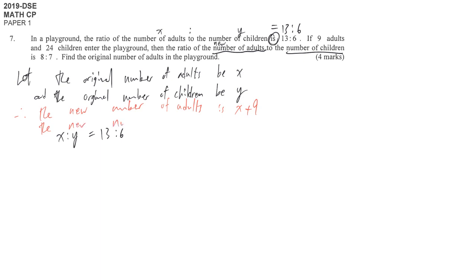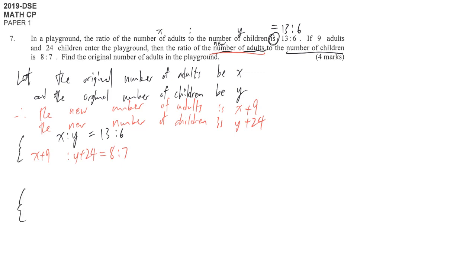And the new number of children is y plus 24. So you can write down this item: the new number of adults, x plus 9, to the new number of children, y plus 24, is equal to 8 to 7. So we are handling these two equations.